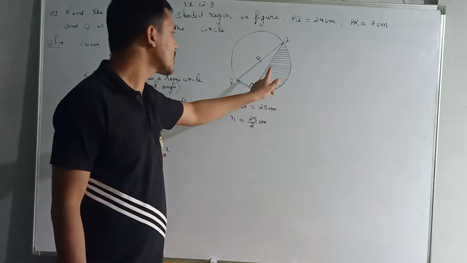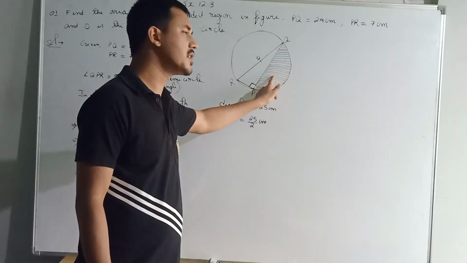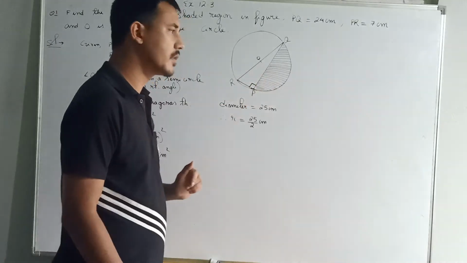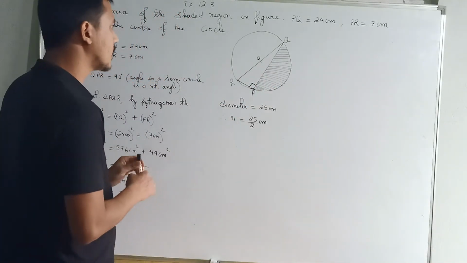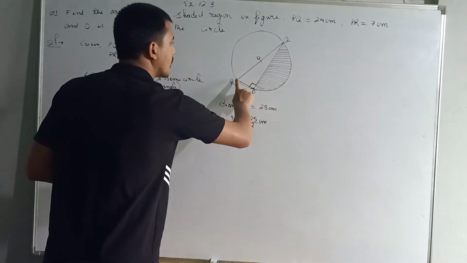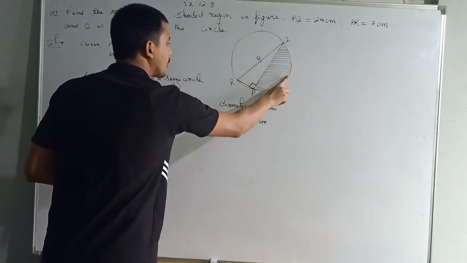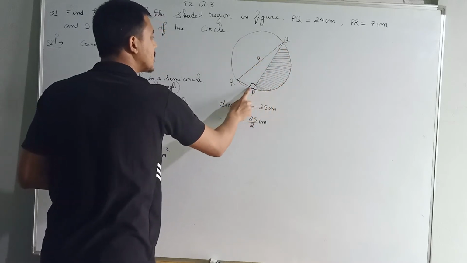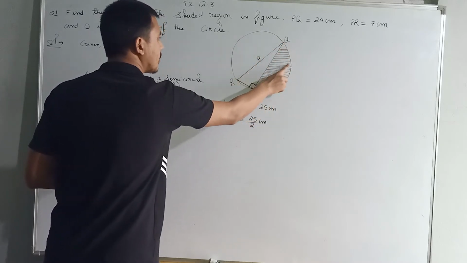Now we are asked to find out the area of this shaded region. So the area of this shaded region can be found out from this particular region. This particular region is your semicircle, right?